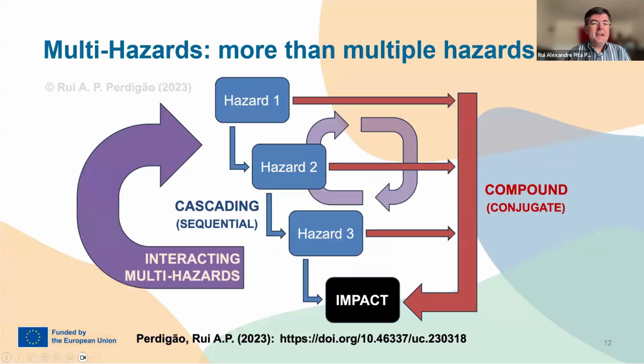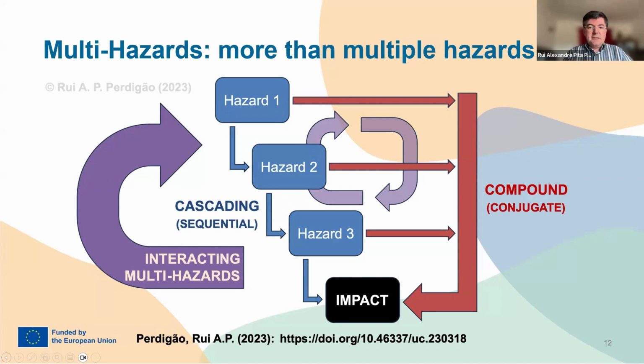So next. In terms of multi-hazard concepts, it's a delicate topic because we hear a lot, when we sit with stakeholders and end users, and quite often also in academic settings, that multi-hazards are perceived as the existence of multiple hazards, and this is part of it.